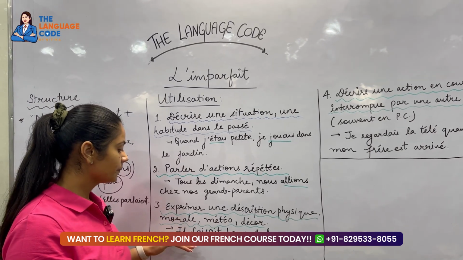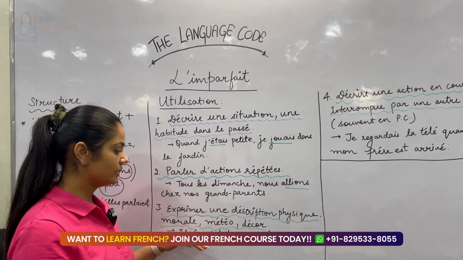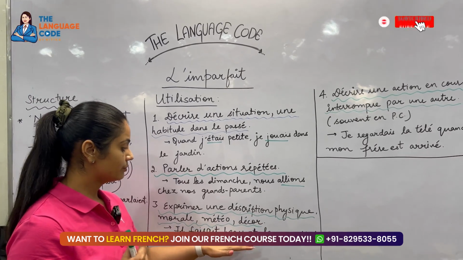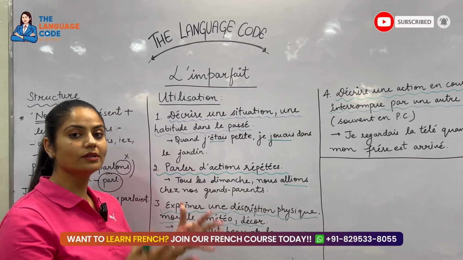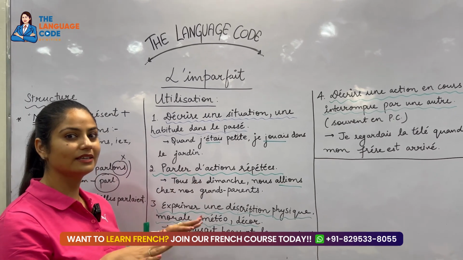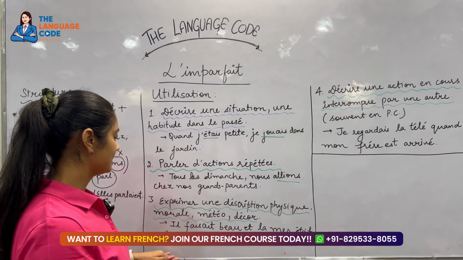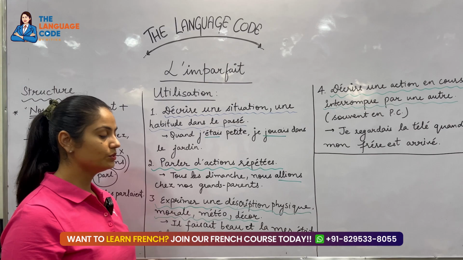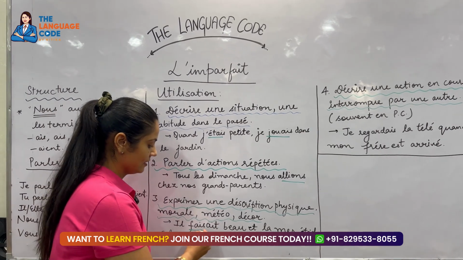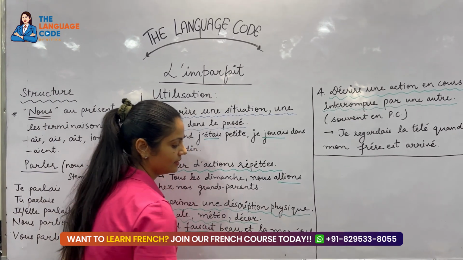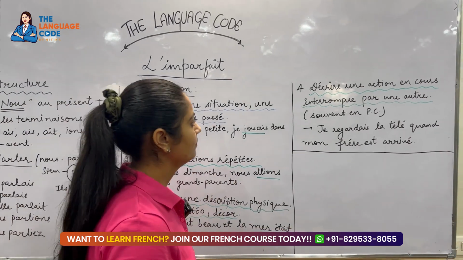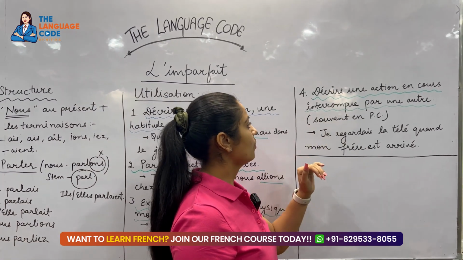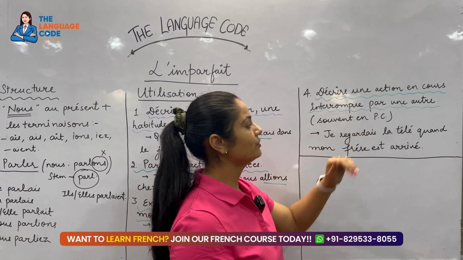For example, il faisait beau, it was pleasant, et la mer était calme, and the sea was calm. So for those purposes you use l'imparfait, like faisait, était, this is l'imparfait.